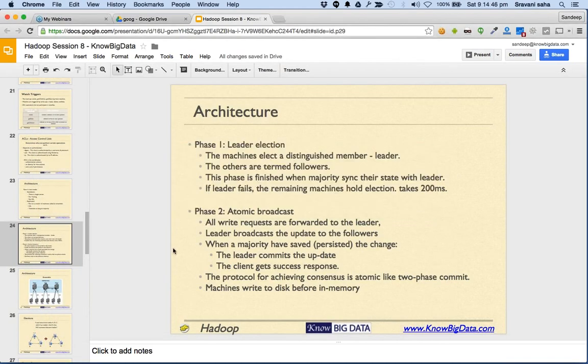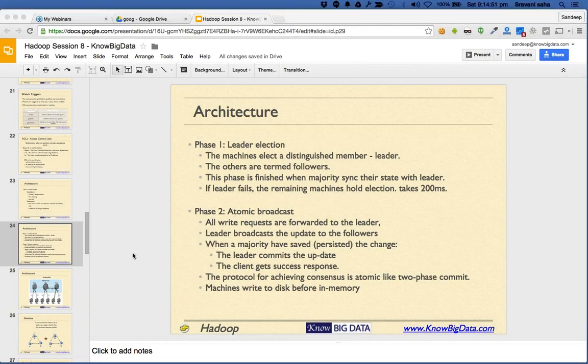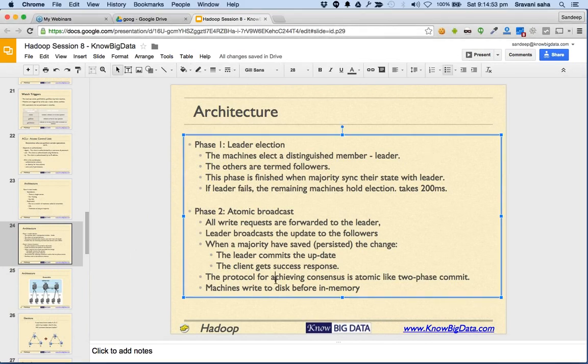All right. Now coming back to the question here. When reaching a consensus, whenever we are trying to write the data, whenever persisting the change, whenever we are saving the change, we make sure everything is saved successfully.